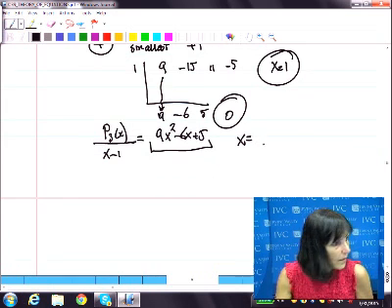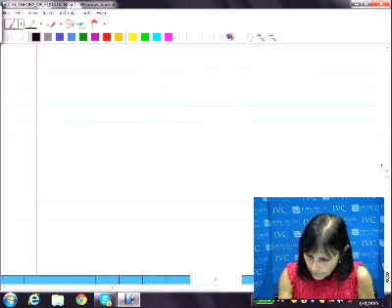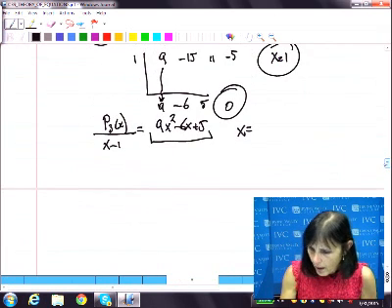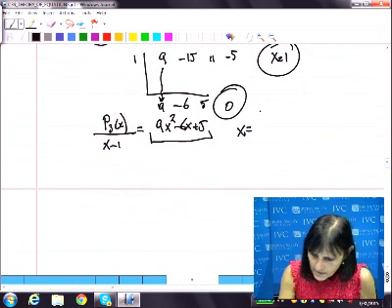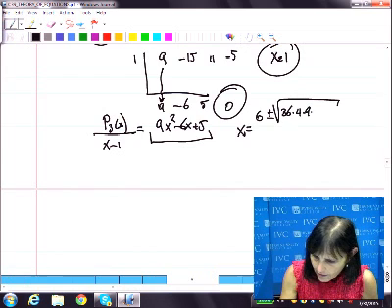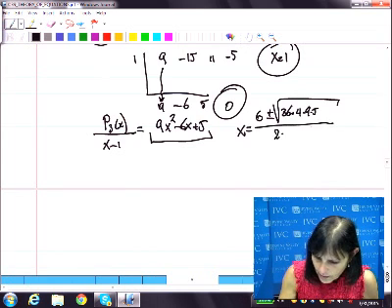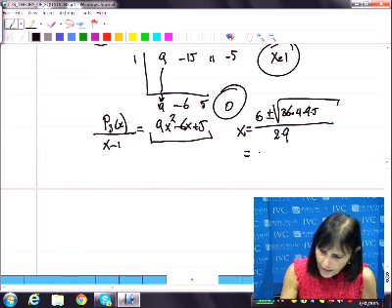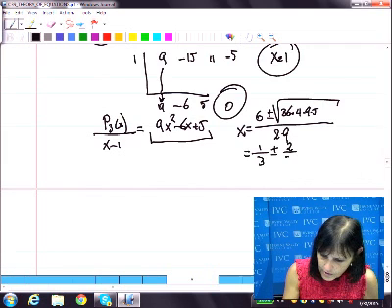Quadratic formula. I'm going to get 6 plus or minus the square root of b squared minus 4ac, which is 36 minus 180, divided by 2 times 9. When you clean that up, you're going to get 1/3 plus or minus 2/3 i.